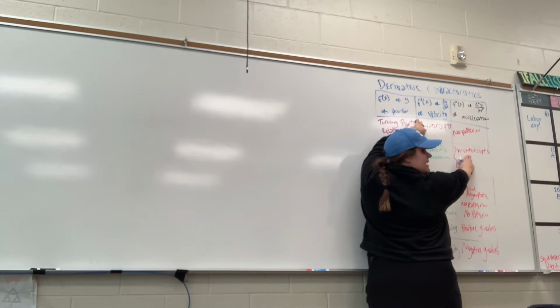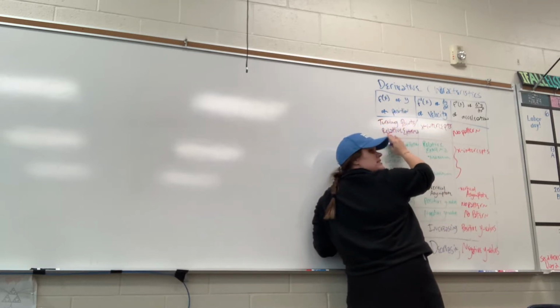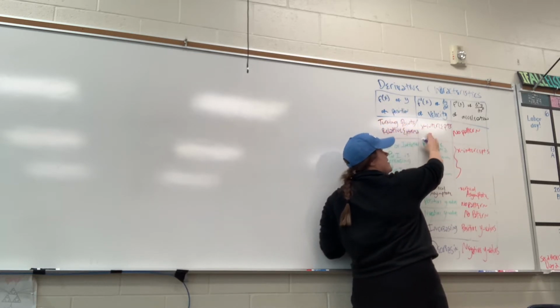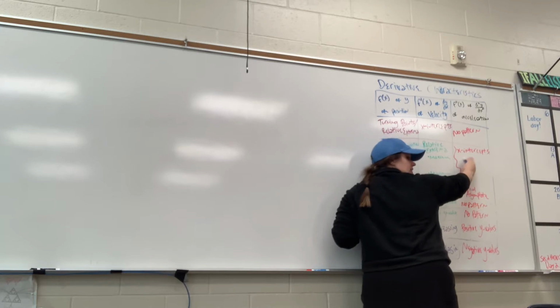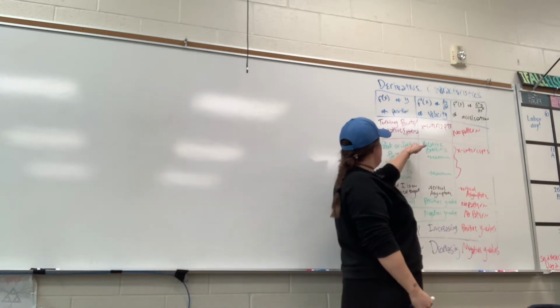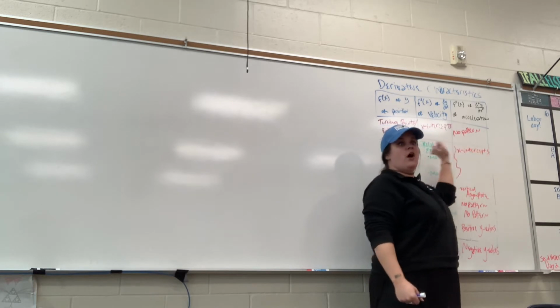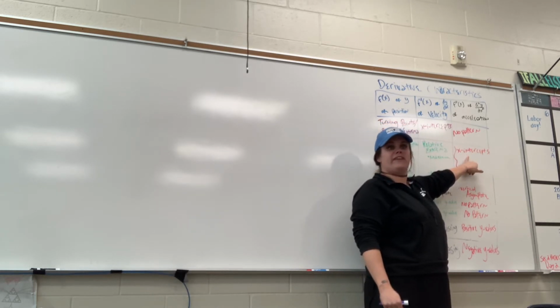Do you see it? That's where that's coming from. Where the first derivative has relative extrema, its derivative should have x-intercepts. That's going to link my point of inflection on the original to x-intercepts on the second derivative.